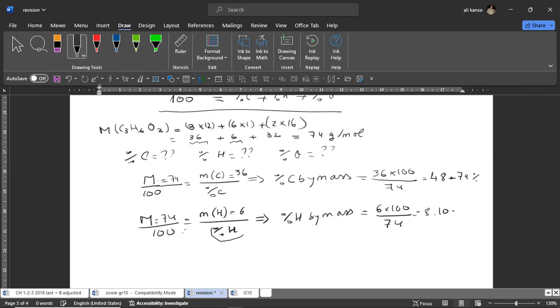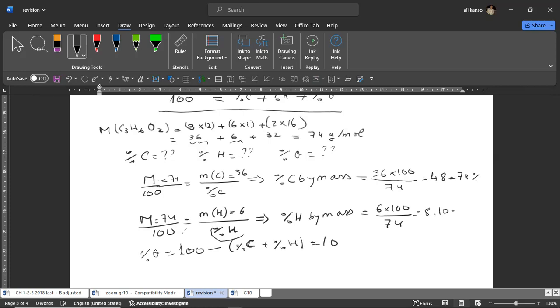8.10. Finally, if we have to calculate the percentage of oxygen, we can subtract from 100 the percentages of carbon and hydrogen. The oxygen equals 100 minus the sum of the percentage of carbon plus the percentage of hydrogen.